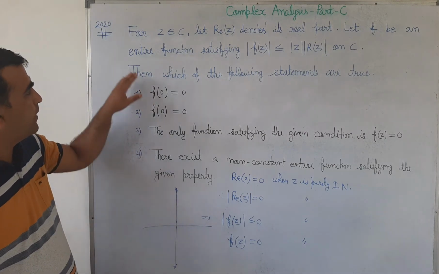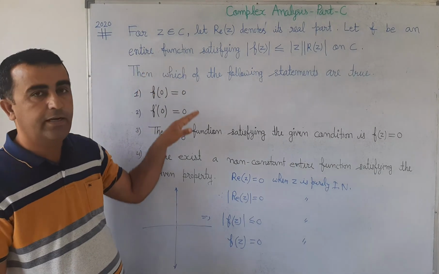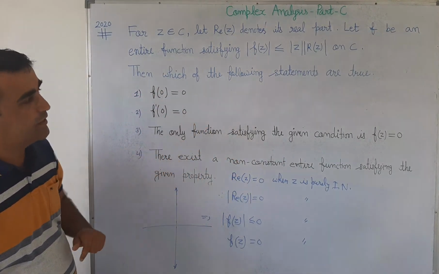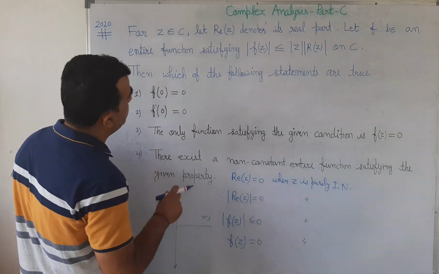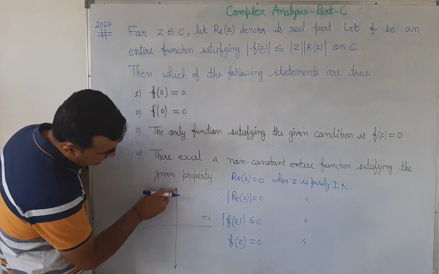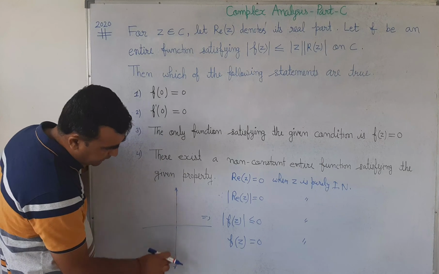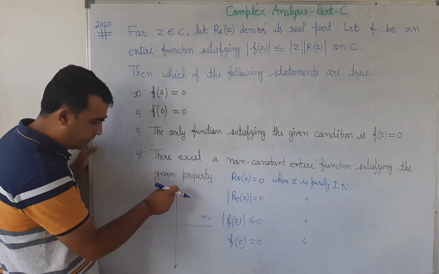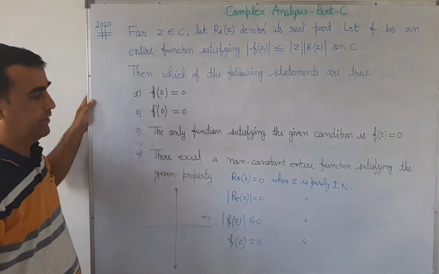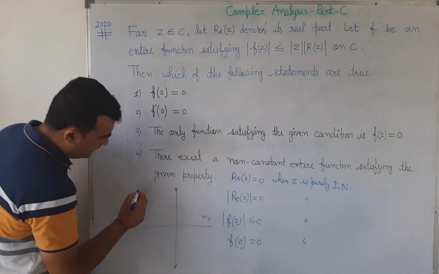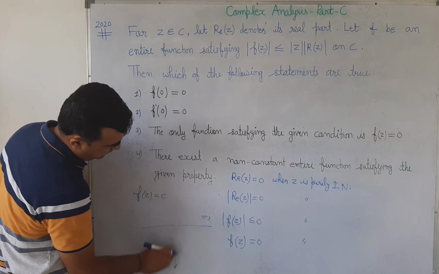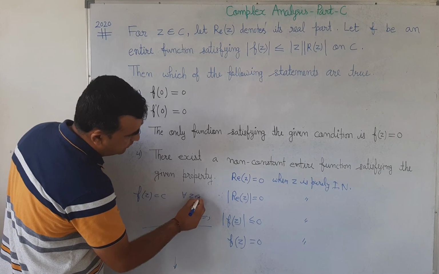And we know that if a function is entire and a limit point of its zeros lies in C, then that function is constant. Here this function is entire, and each point is a limit point of this line which lies in C. Therefore this function is constant, and we can write f(z) equal to c for all z belongs to C.